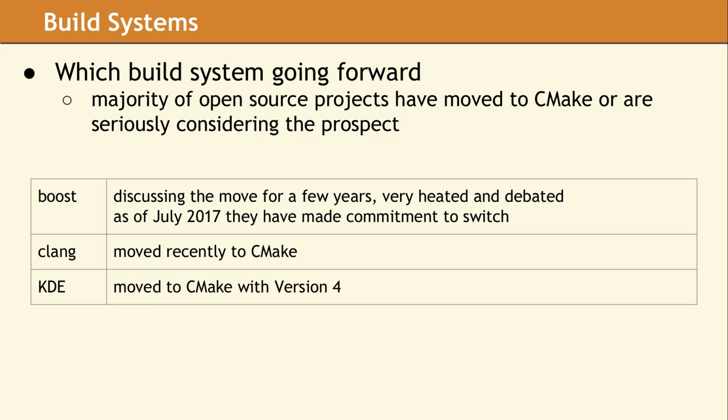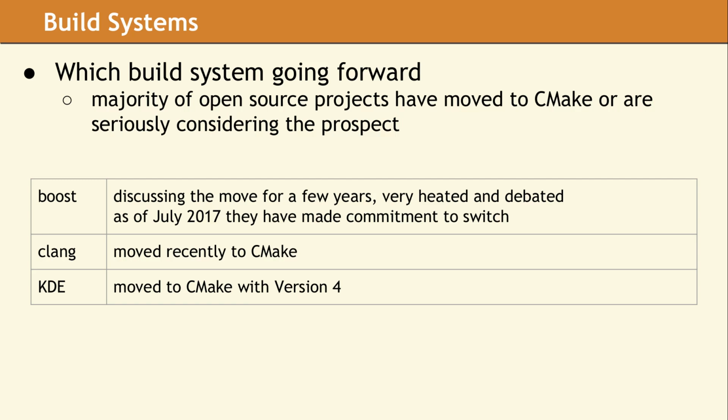We're not the only project that's facing this dilemma. There are many other open source projects that have already moved to CMake or are seriously considering it. One of the largest debates was in the Boost community, and as of this July, they have made a commitment to switch to CMake.